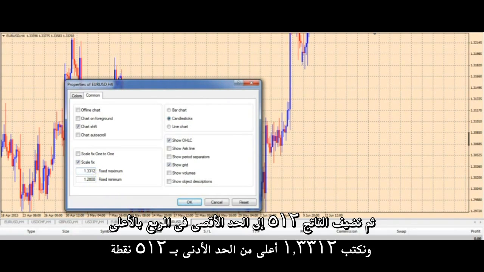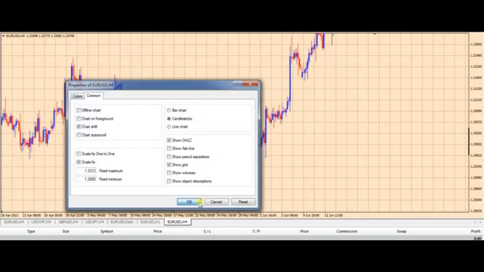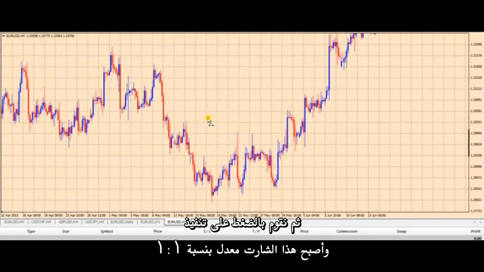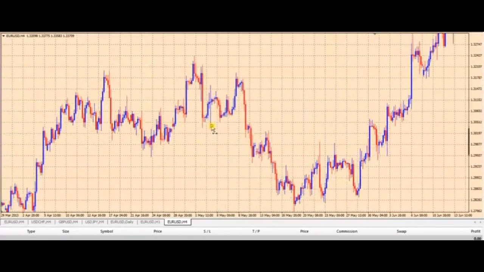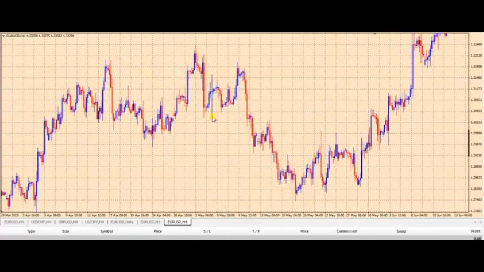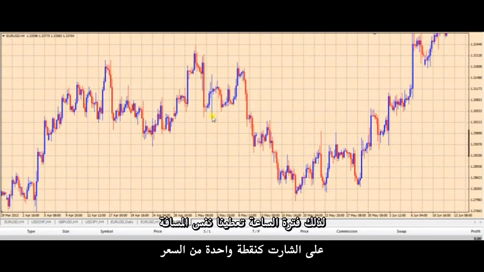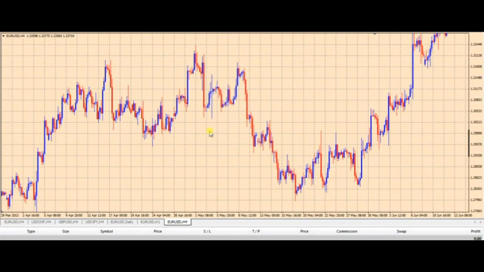That's 512 pips higher. Click OK, and this chart is now scaled 1 to 1. So 1 hour of time covers the same amount of distance on this chart as 1 pip of price.